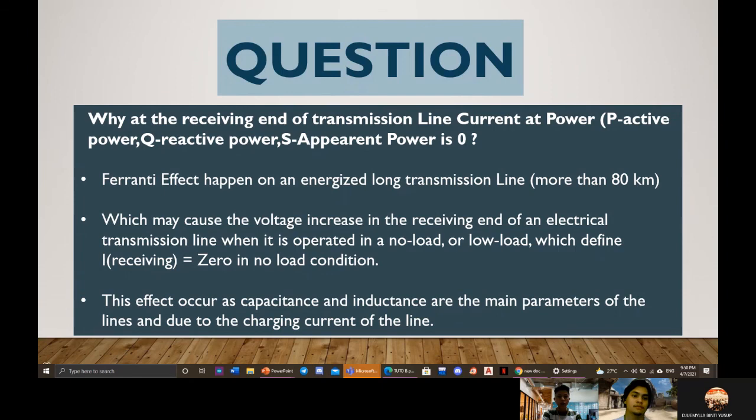Second, it may cause the voltage to increase at the receiving end of an electrical transmission line when it is operated at no load or low load, which defines I receiving equal to zero in the no load condition. The third is that this effect occurs as capacitance and inductance are the main parameters of the lines and due to the charging current of the line.